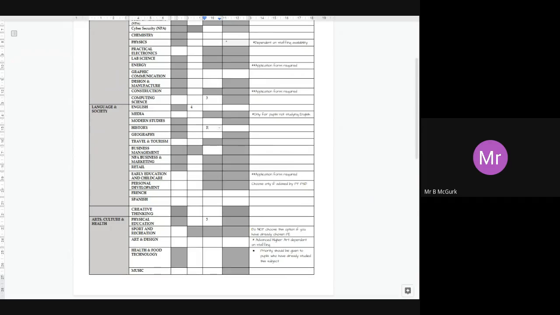For pupils in S4, it's largely accepted that pupils going into S5 should select 5 of their current 7 subjects as far as possible.